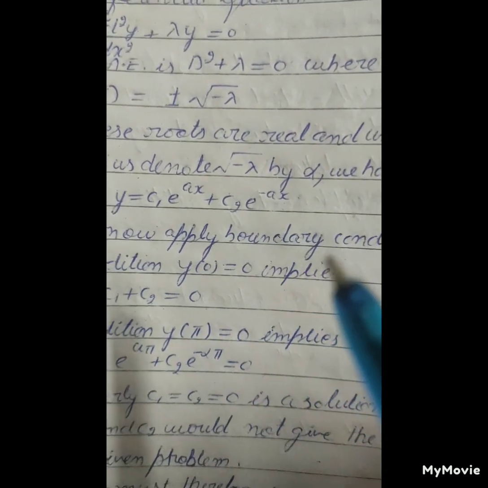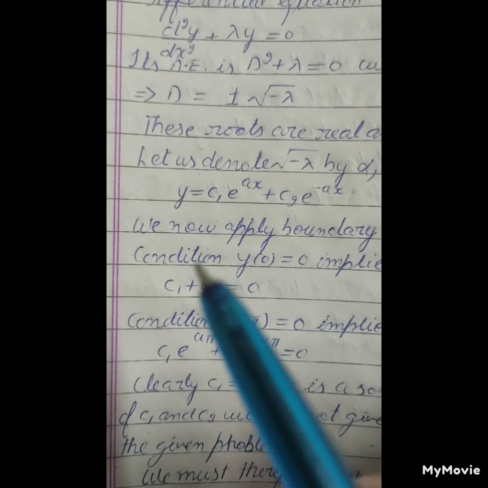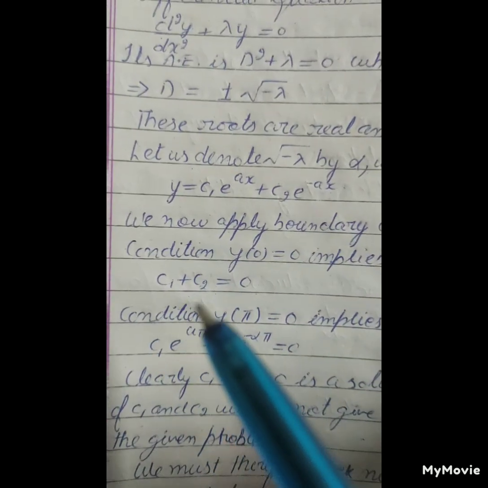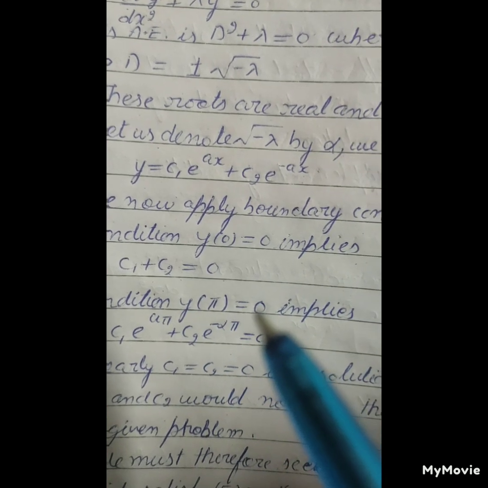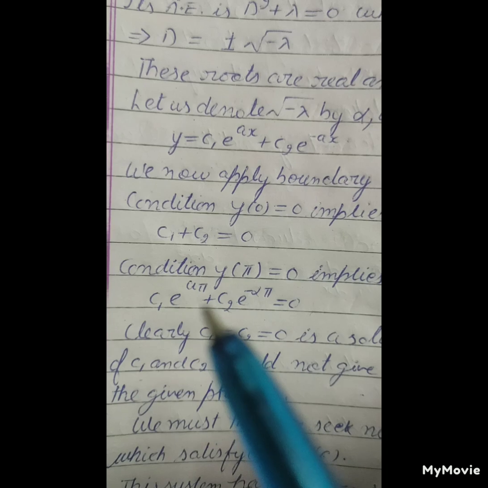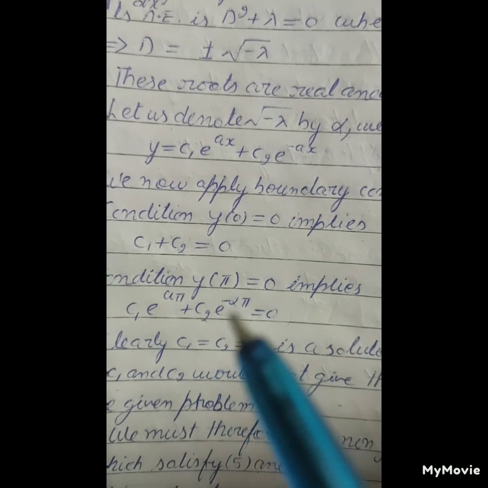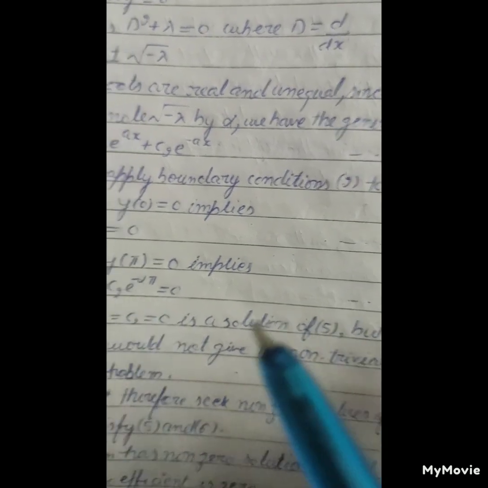Now we apply the boundary conditions 2 to the equation 4. The condition y(0) = 0 implies c1 + c2 = 0, equation 5. Now condition y(π) = 0 implies c1 e^(απ) + c2 e^(−απ) = 0, equation 6.